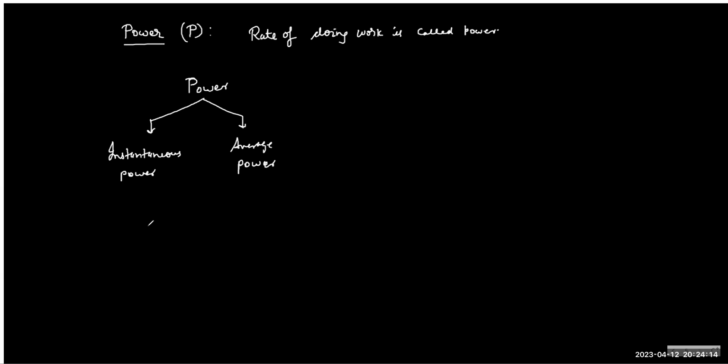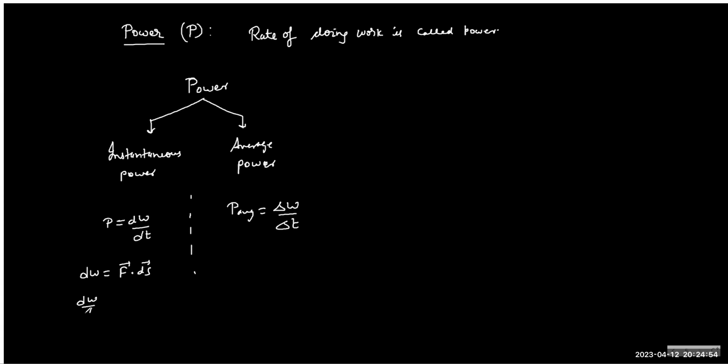What is the instantaneous power? You define it in differential format. You say dW by dt. What is the average power? Delta W by delta t. Now, elementary work is defined as F dot ds.